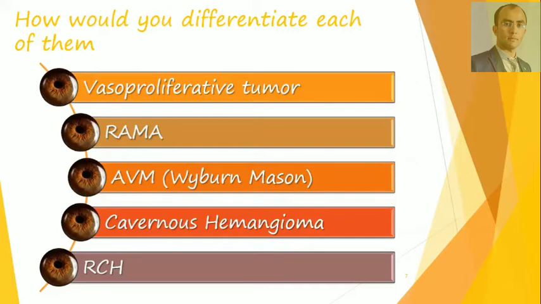Retinal capillary hemangioma, which most people selected, was the appropriate differential for our case. It will be a round, elevated, red to orange tumor supplied by a pair of dilated, tortuous feeder vessels, a vein and an artery.